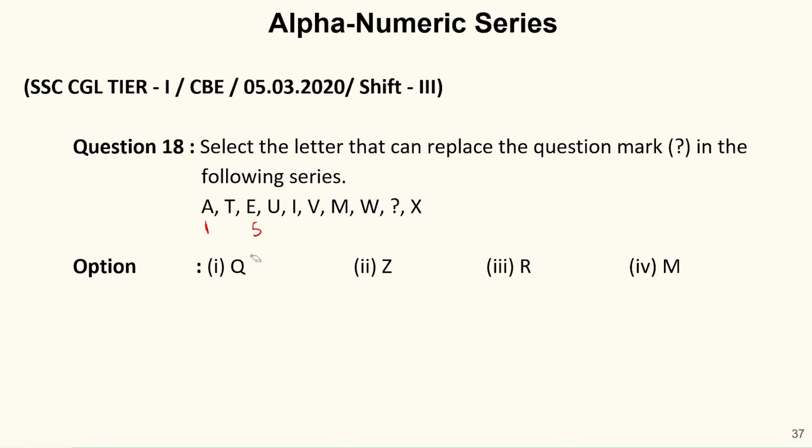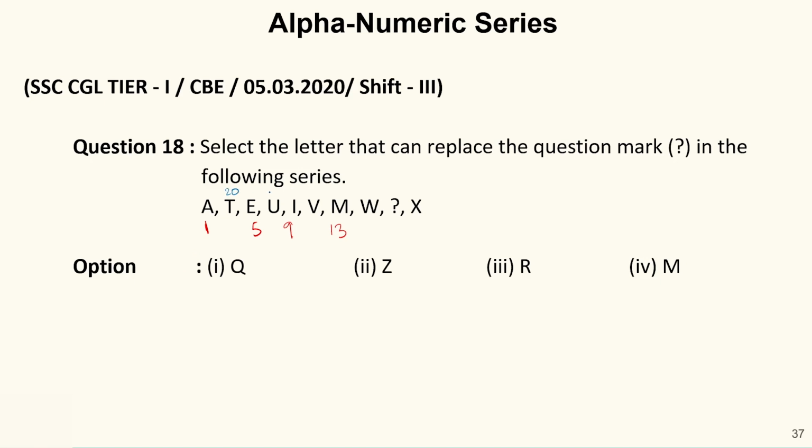Okay. So first series, I is positioned at 9. M is positioned at how much? 13. Then we have to find out. And for the other series, T is positioned at 20.